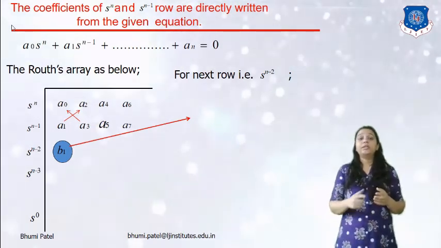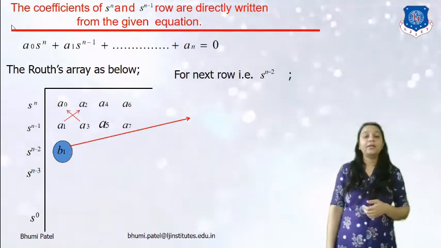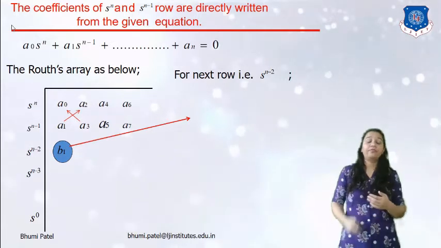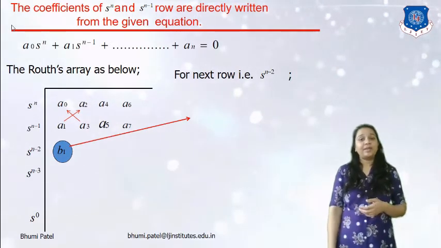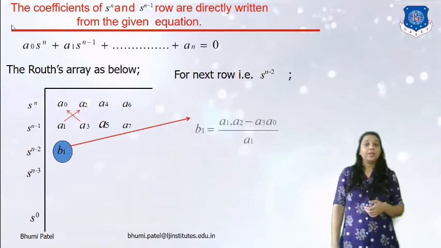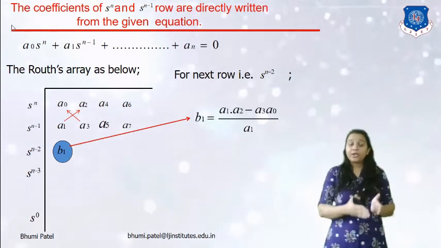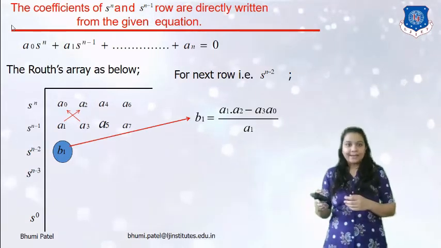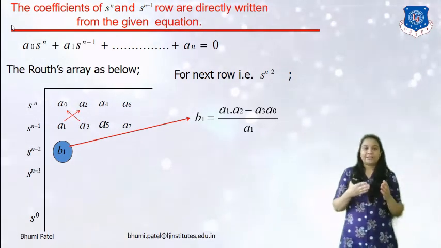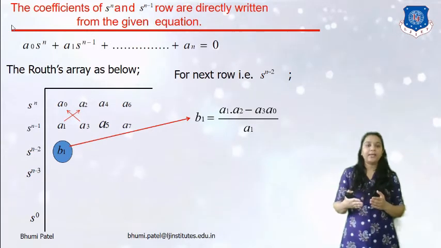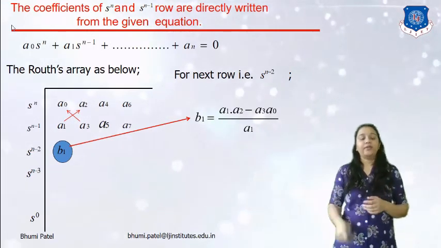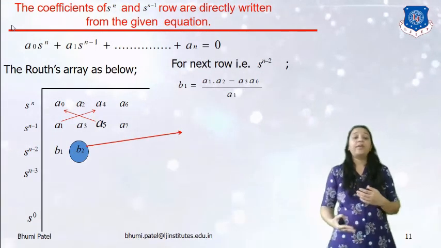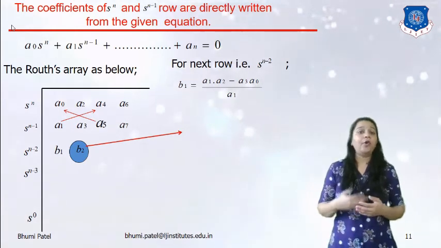Okay, so in this b1 we can write the coefficient of which term. For that b1 we have the equation: b1 is equal to the cross multiplication of a1 into a2 minus a0 into a3, upon a1. So now next we have to find the value of b2.